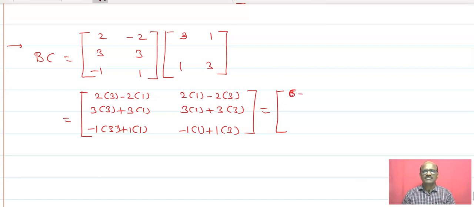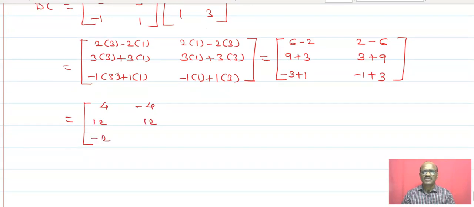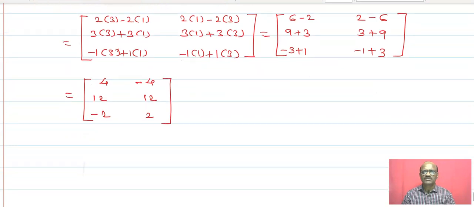And there, that is a multiplication. 6 minus 2, 2 minus 6, 3 plus 9 plus 3, 3 plus 9, minus 3 plus 1, and minus 1 plus 3. That is 4, minus 4, 12, 12, minus 2, and 2.